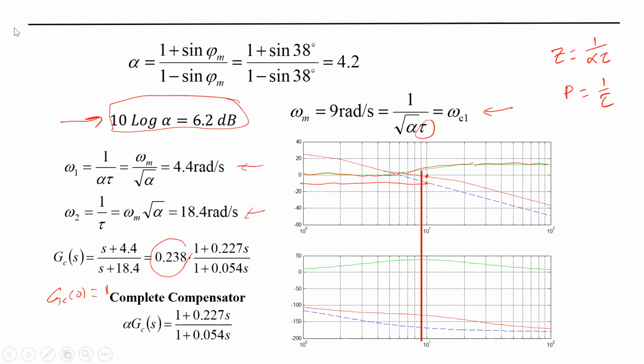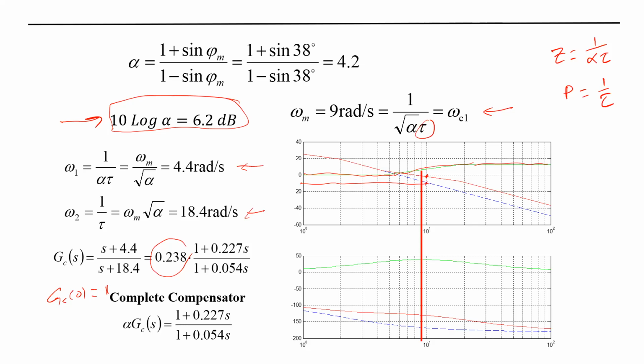Okay. So this is basically what we want to do in the phase lead design. There is another example, but due to the time we are not going to go through that one, you can read it.